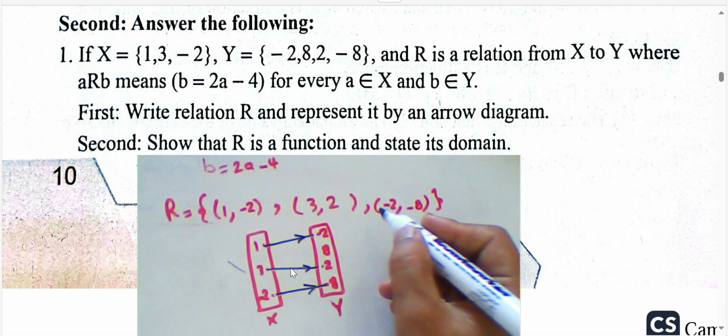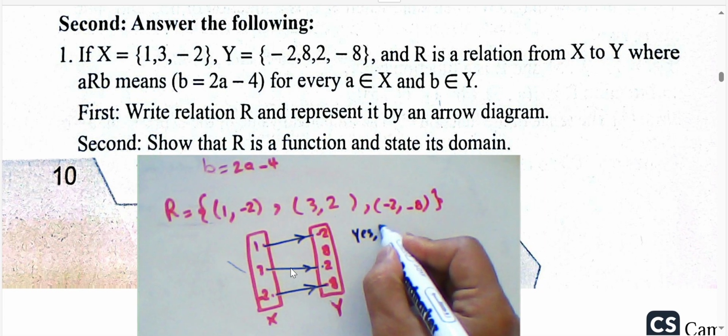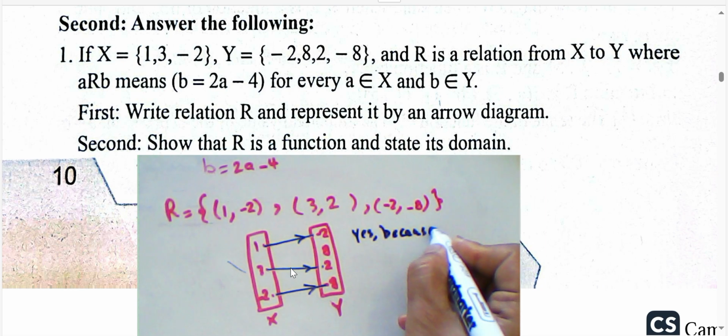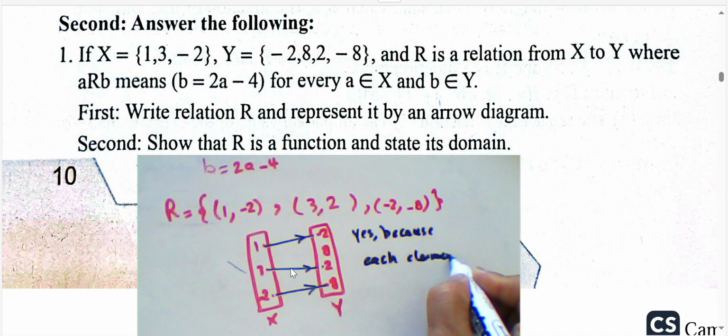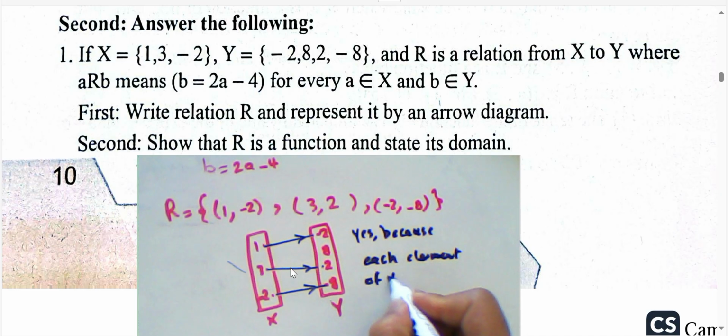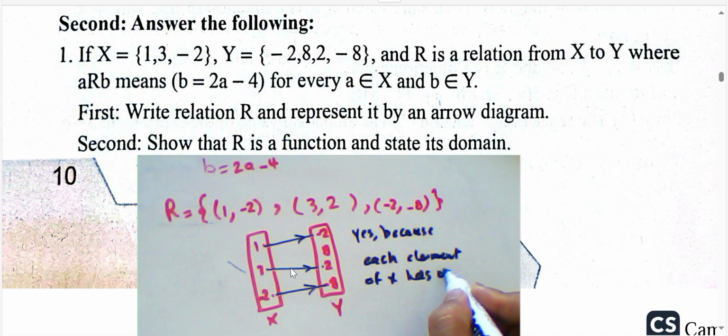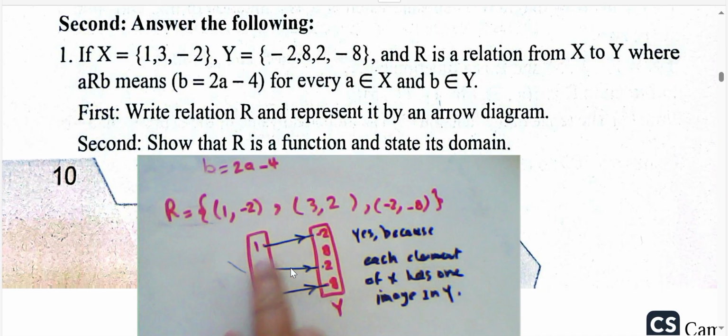Yes, because each element of X has one image in Y. Understood? We call it an arrow because each element in X has one image in Y.